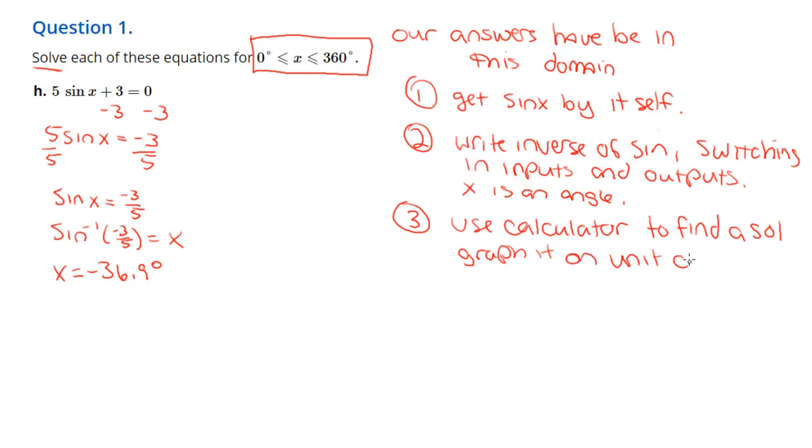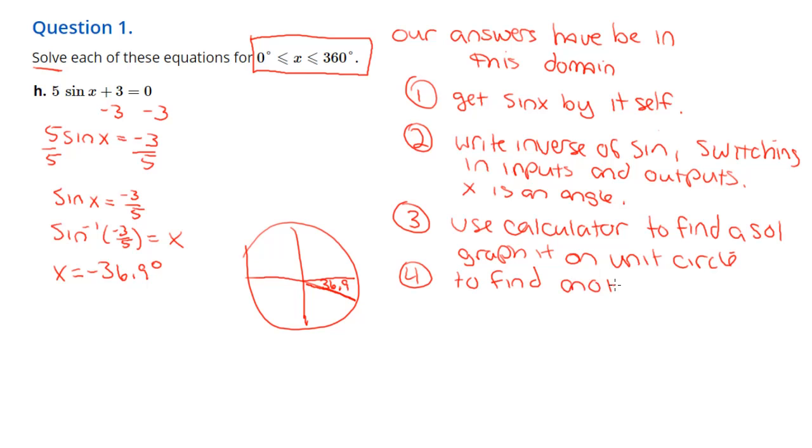Anyway, don't worry about the fact that it's negative right now. Let's go ahead and find the other angle. The way we're going to find the other angle, when it's sine, is to graph this on the unit circle, and then go across the y-axis to find the other angle.